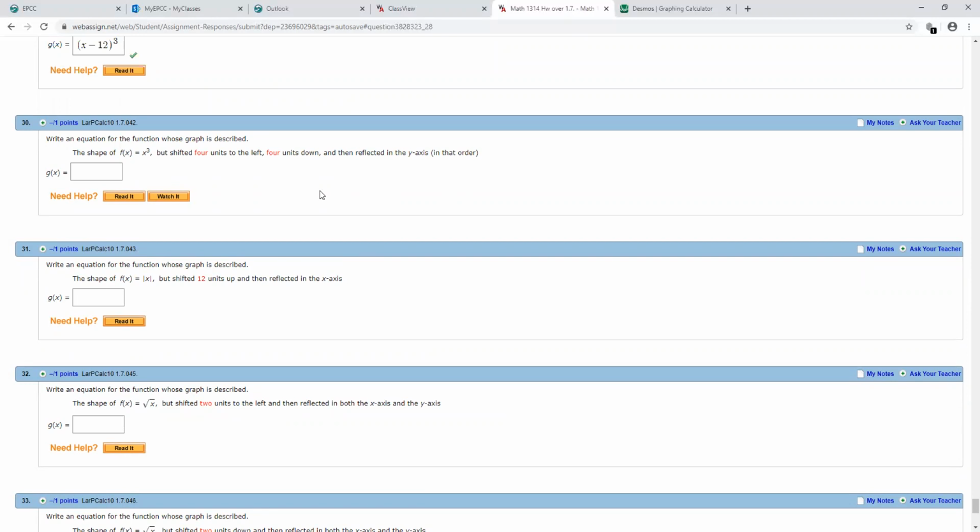The shape of x cubed but shifted 4 units to the left, 4 units down, and then reflected in the y-axis, in that order. Yeah, that can make things a little confusing. If they say in that order, then we have to do it in that order. So we're going to take, by the way, the same parent function.